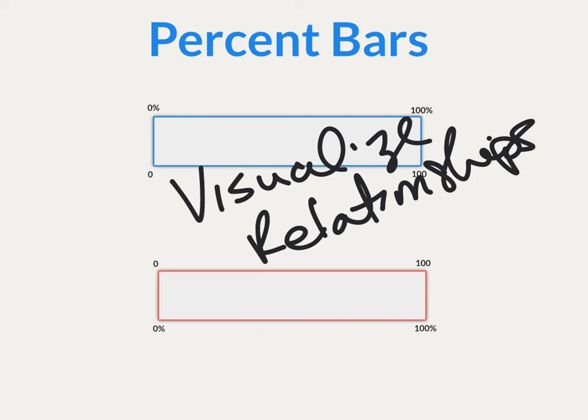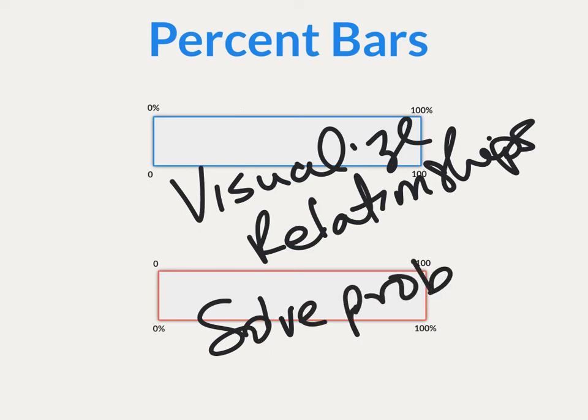You can draw a percent bar to set up proportions to identify unknown values by trying to find parts of the whole, or by using what we know about the parts to find the whole. Percent bars are a great way to visualize relationships to help you to solve problems by making connections.